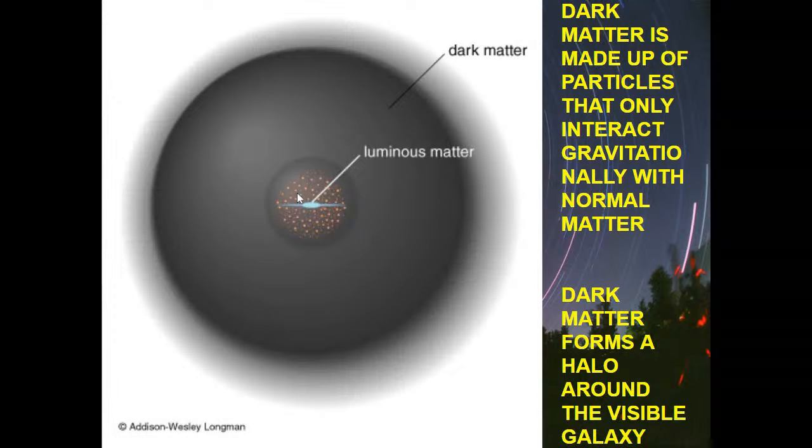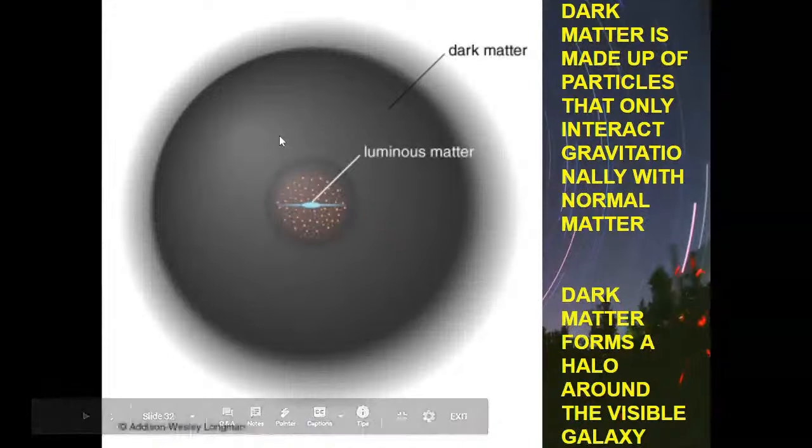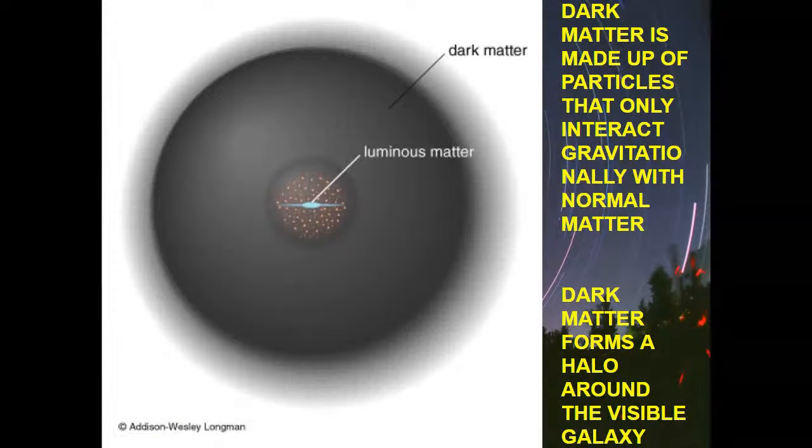And baryonic matter, since it interacts with light, its presence can be inferred by measuring light from various parts of a galaxy. But then the flat rotation curves indicate that galaxies are embedded in a spheroidal halo made of particles which do not interact with light.